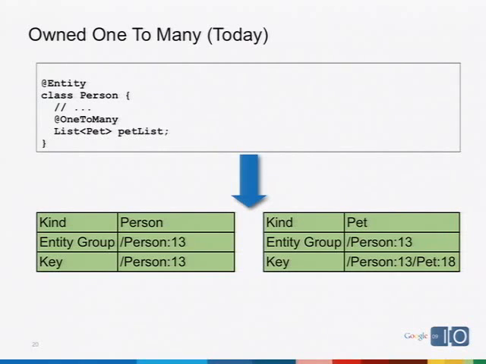We've just said @Entity, @OneToMany. But since @OneToMany tells us that this is an owned relationship, we can use that information to automatically place pet in the same entity group as person. So on the left here, we have person, which is the parent, and then on the right, we can see that this pet number 18, its parent key is this person. They're sitting there in the same entity group.